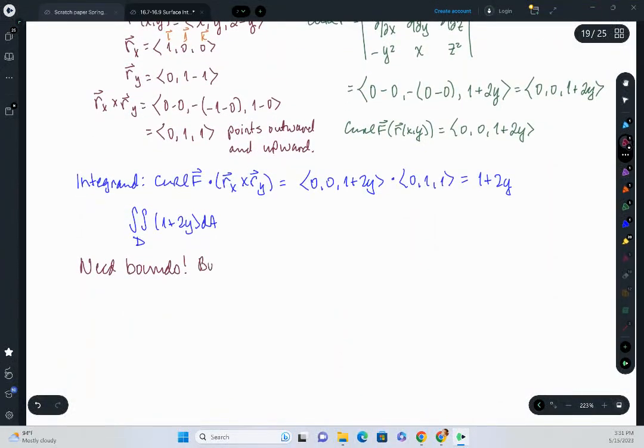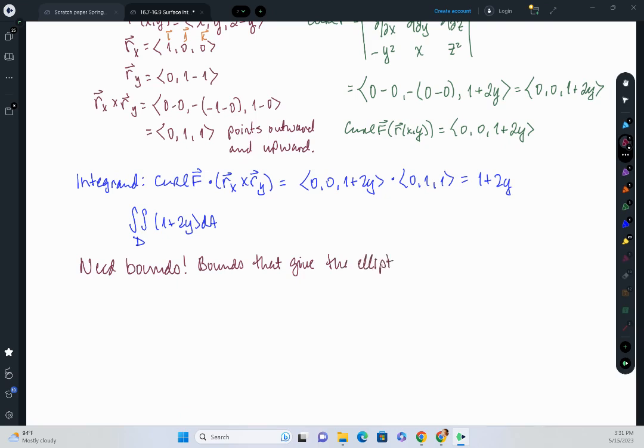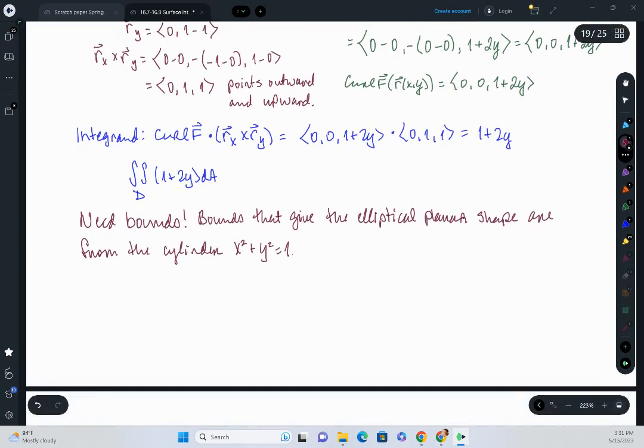So the bounds that give the elliptical planar shape are from the cylinder, x squared plus y squared is equal to 1. And so we should use those as our bounds for our integral, because those are going to give us only the x and y values that we care about.